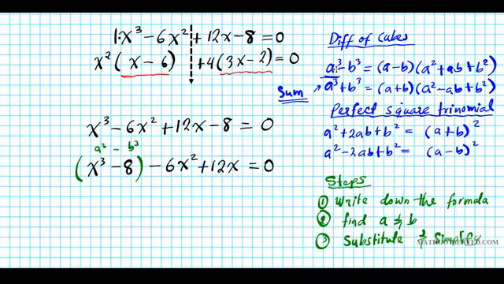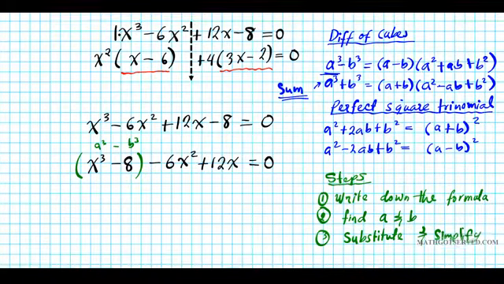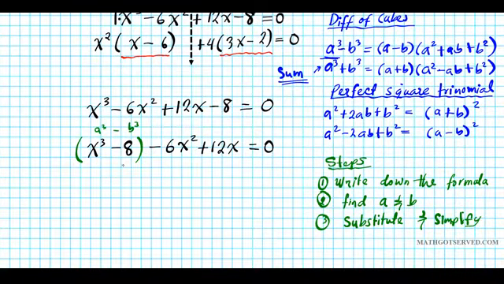That's the left side. What does that simplify into? The right side is going to become a minus b quantity times a squared plus ab plus b squared. Okay? So step number 1 has been executed. We've written down the formula, although I broke it apart since I'll be filling the factors form underneath.